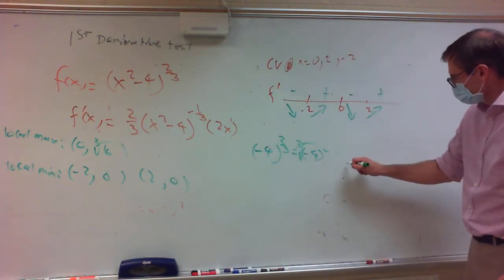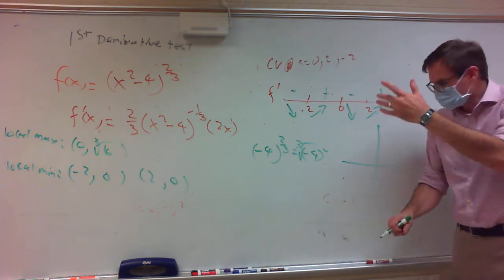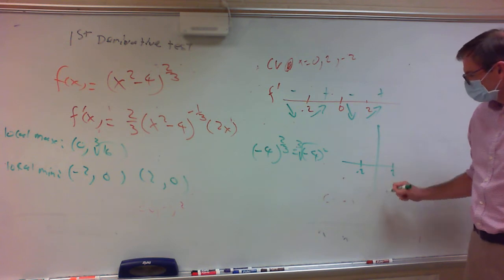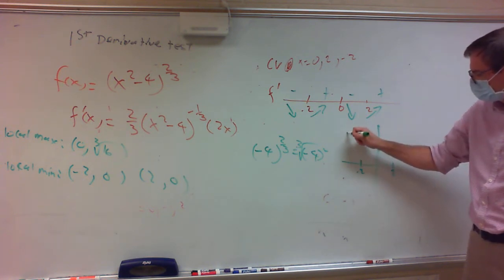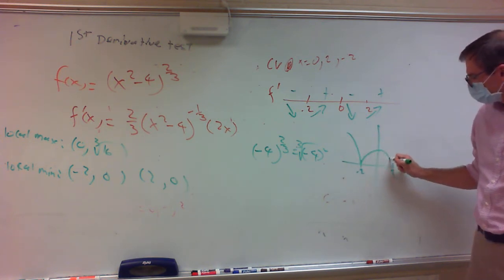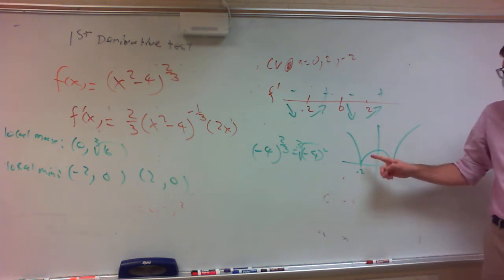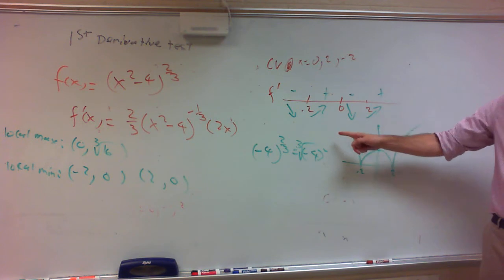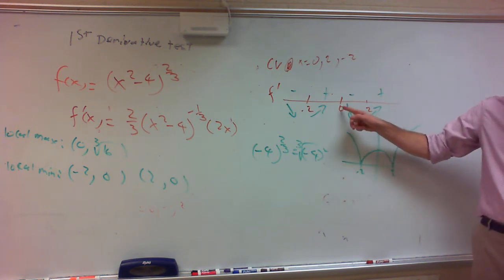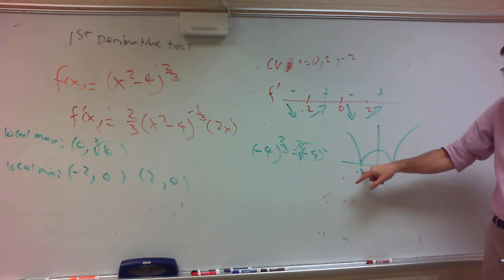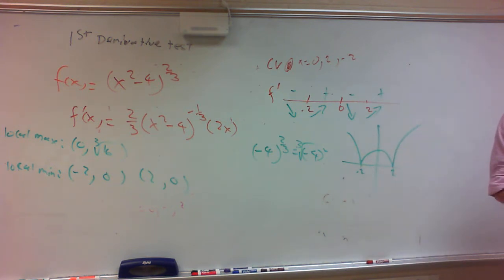I don't want to spend the time to turn the projector on, but at negative 2 and at 2 it does this, and the graph goes up here. It ends up looking something like that. Pretty neat. Notice we get the flat spot at 0, where the derivative was 0. But we also get a little cusp at negative 2 and 2, where your derivative was undefined.